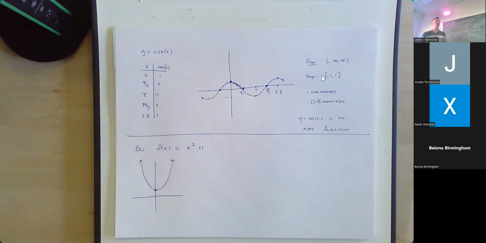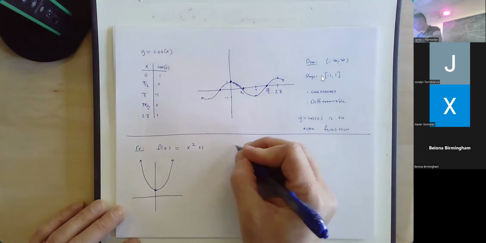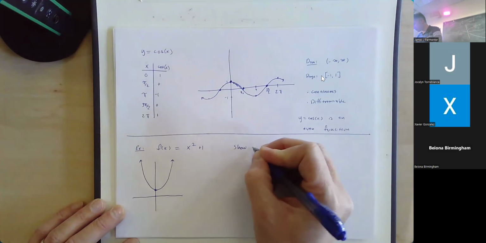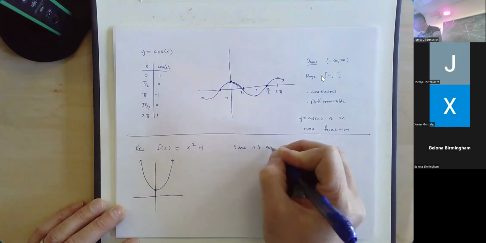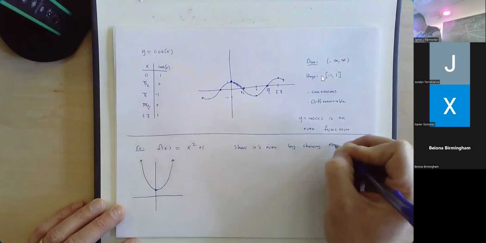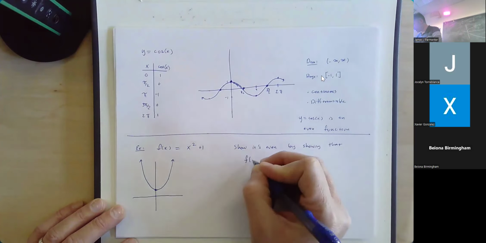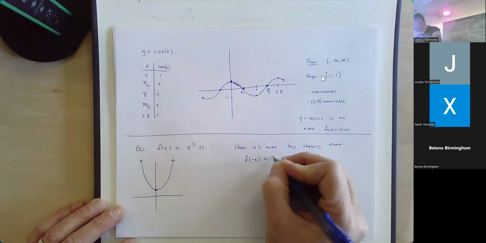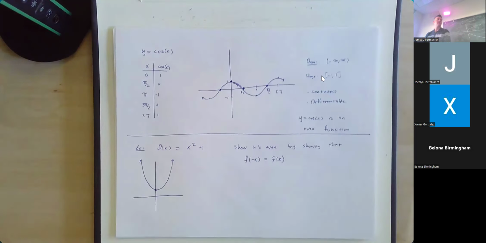Now, how do you show it's even? To show it's even, you show that f of negative x is equal to f of x. Which is not too terrible to do.